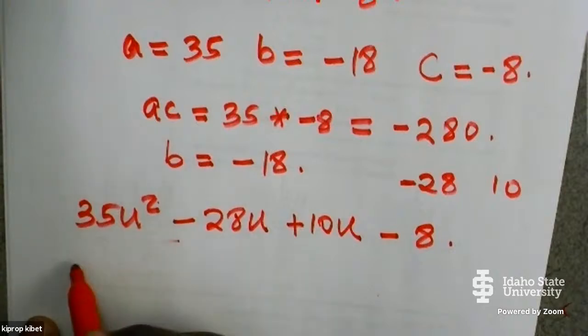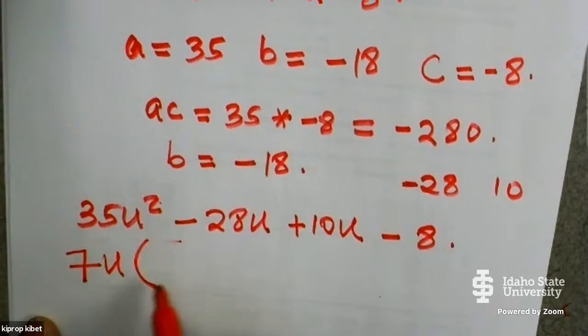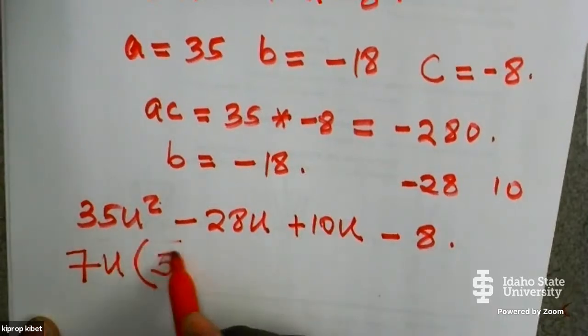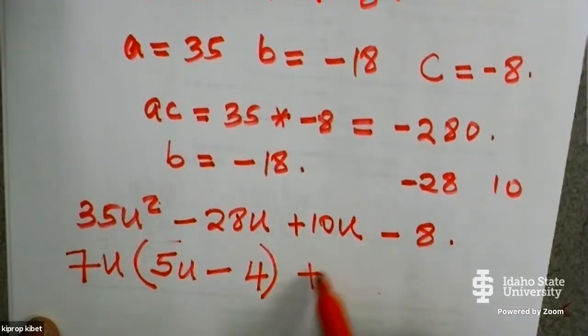The first one, what do you factor out? 7u. So when you factor out 7u, what remains here is 5u minus 4. And then plus, what do you factor out here?